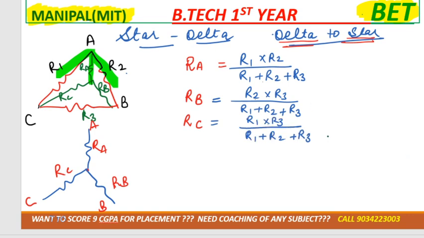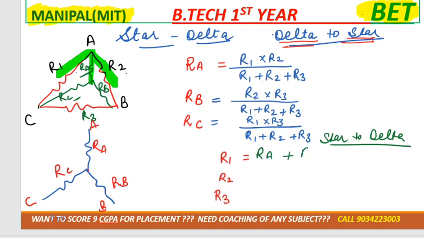Next one is star to delta. Star to delta means we need the values for R1, R2 and R3, correct? Now as you can see, R1 is connected between RA and RC, so its formula would be RA plus RC plus RA into RC divided by the rest of the term, RB.